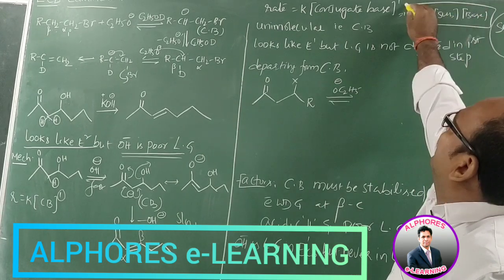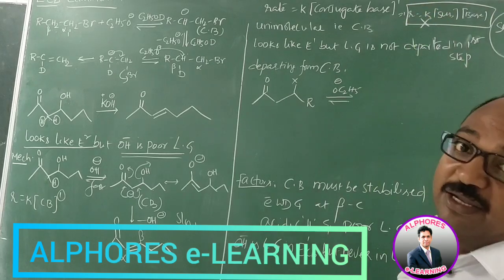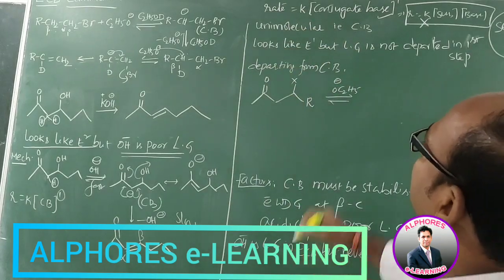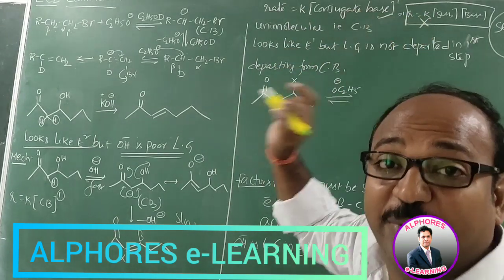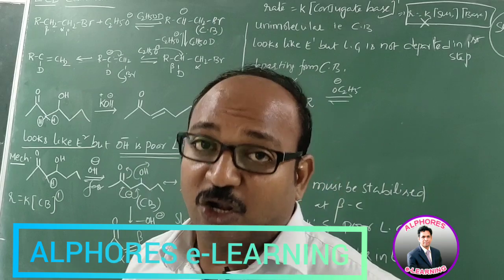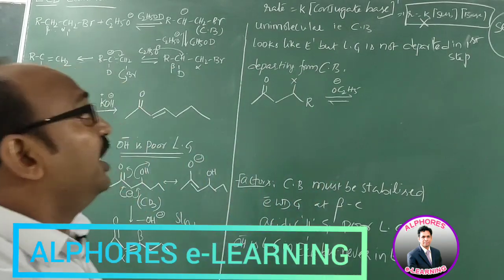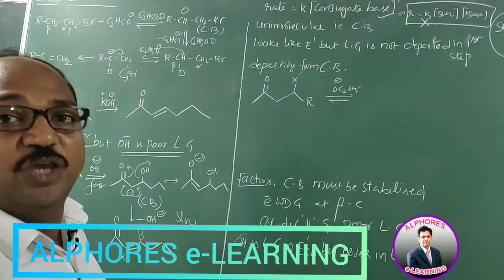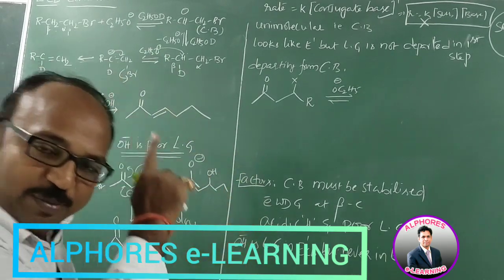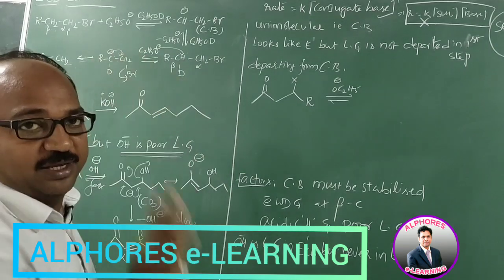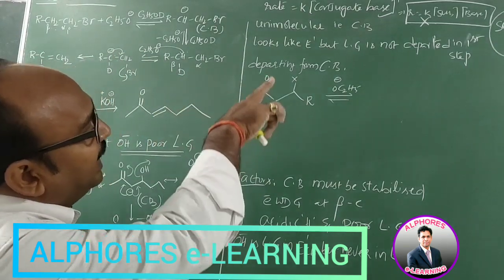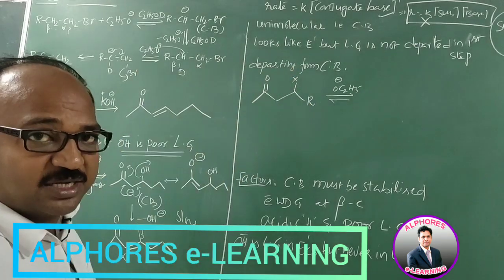So shall we write this as the rate law? No, you are not supposed to. The rate law is this much only, but instead of conjugate base concentration, depending upon base concentration. What I am trying to explain here is, if you increase base concentration, conjugate base concentration increases, that's why rate increases. But can we say rate is equal to K into substrate concentration times base concentration?